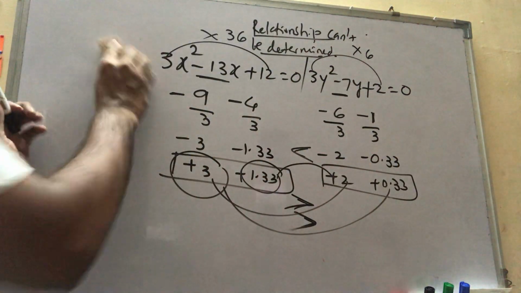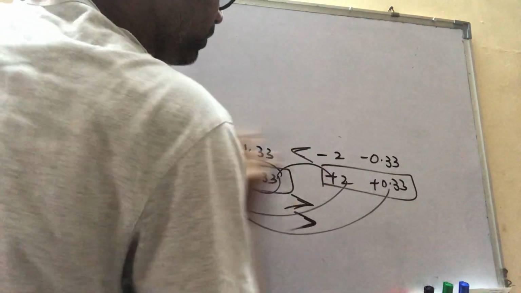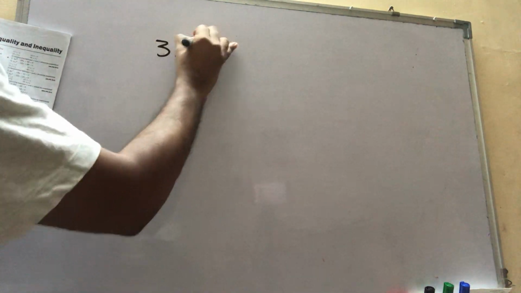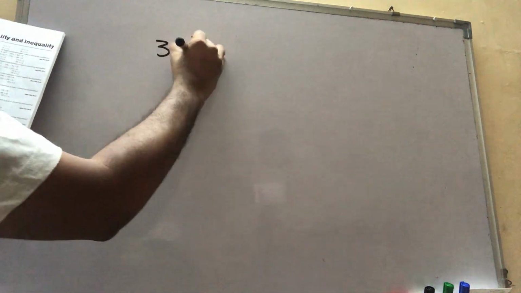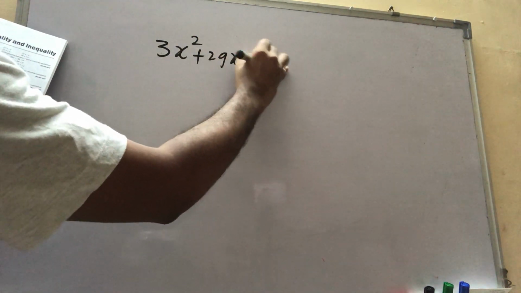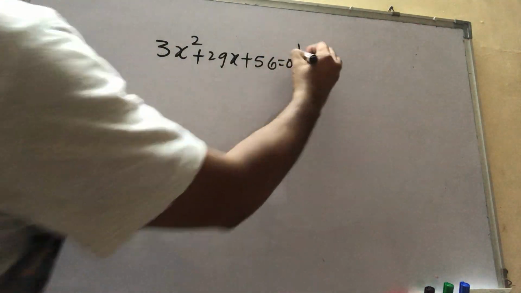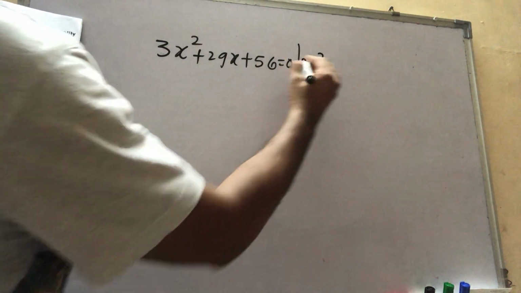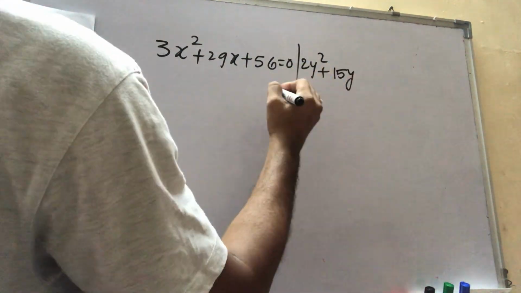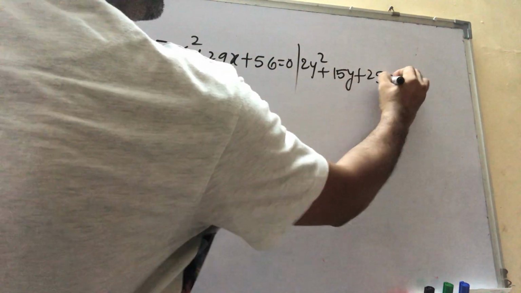Okay, we'll take the next number now. Find this one: 3x square plus 29x plus 56 is equal to 0. And on the other side, 2y square plus 15y plus 25 is equal to 0.